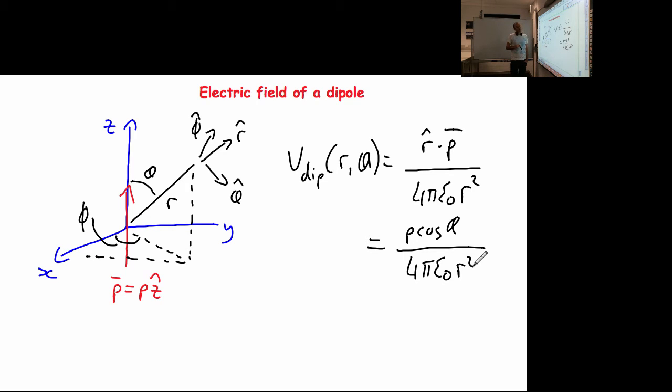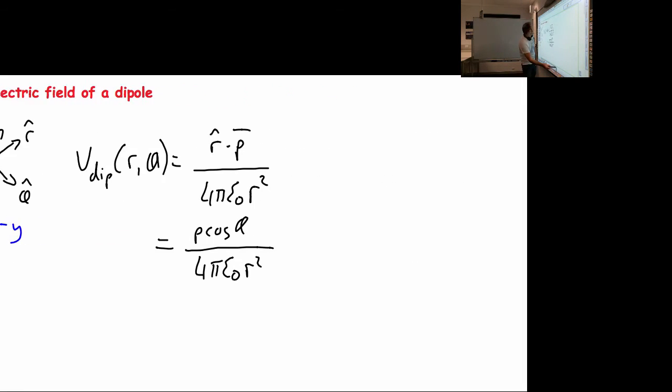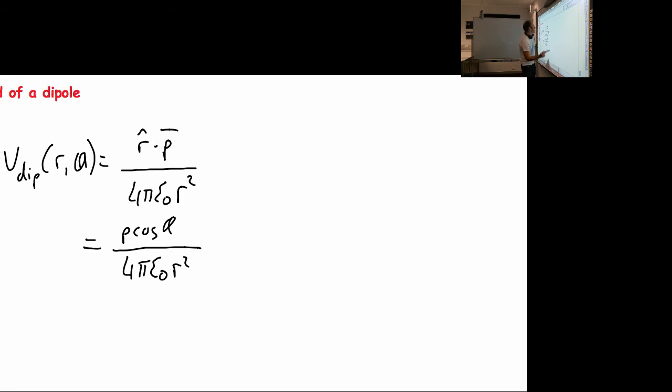So to determine the electric field, we're going to do it for each of these directions: the r direction, the theta direction, and the phi direction. I'm going to do this by taking their partial derivatives. We'll do it for r first of all.